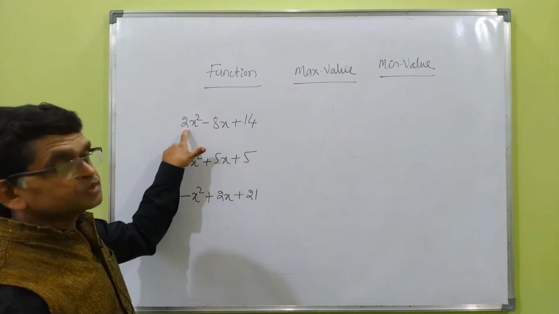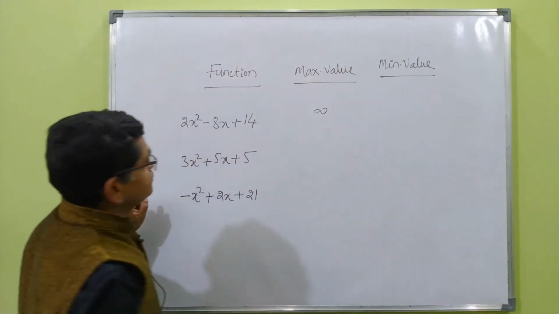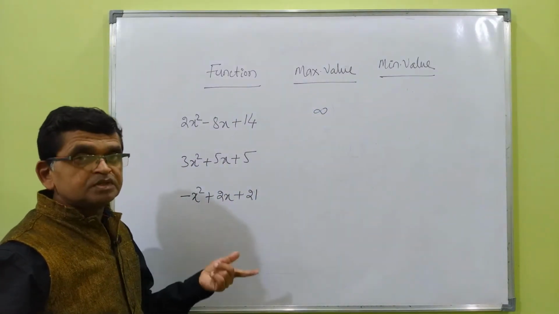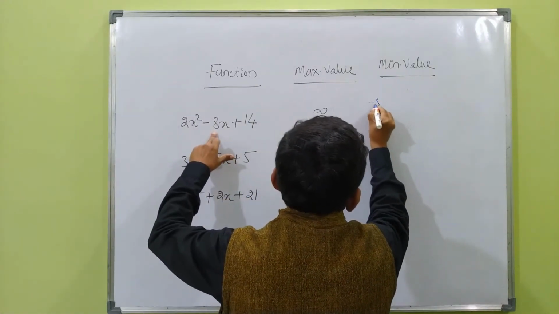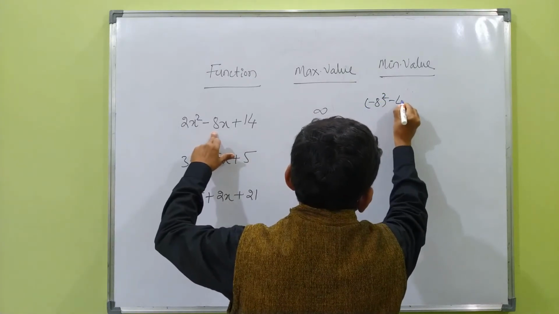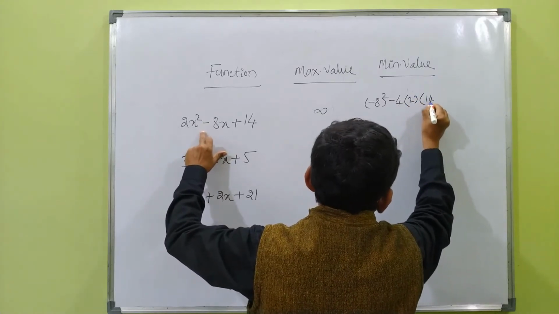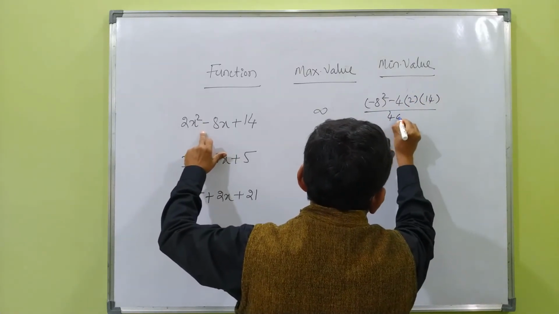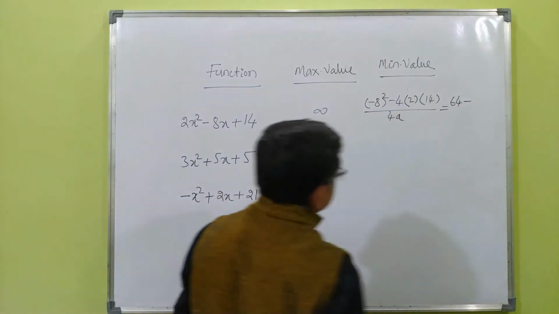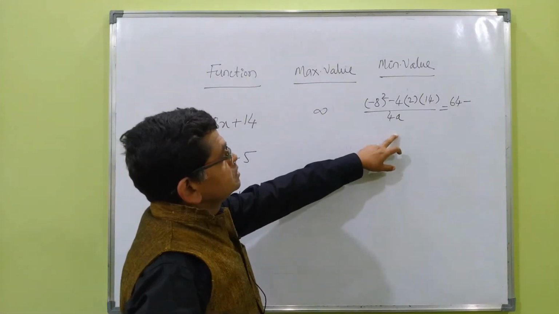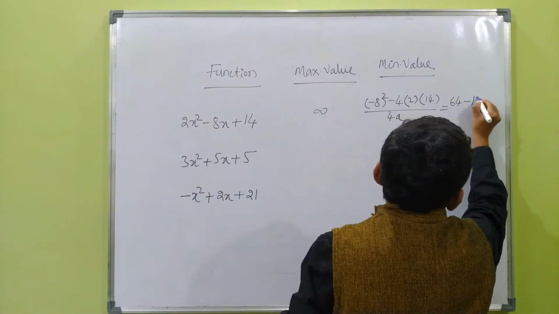So as a is positive, maximum value will be infinity, and minimum value will be b square minus 4ac by 4a, that is b square is minus 8 squared minus 4a, 4a means 2, c is 14, divided by 4a, that is 64 minus 112, 8 into 14.